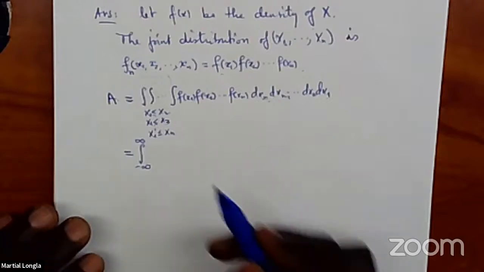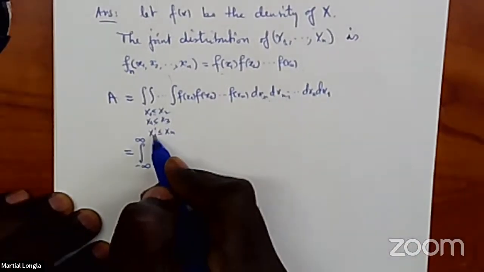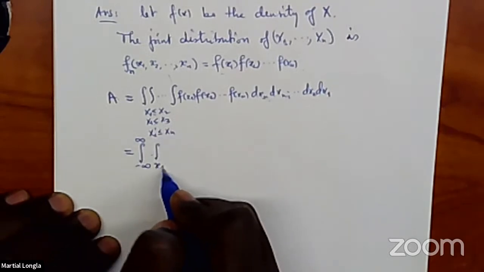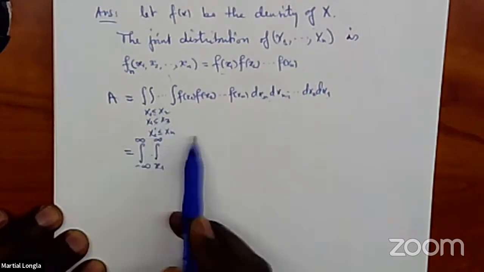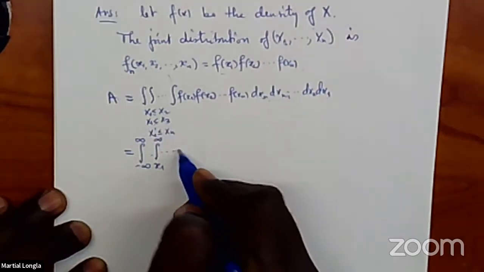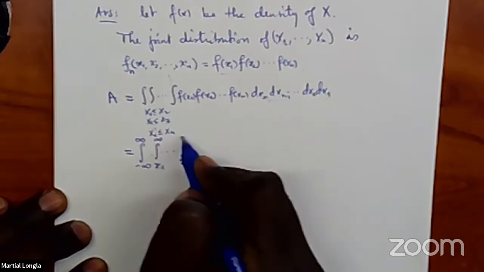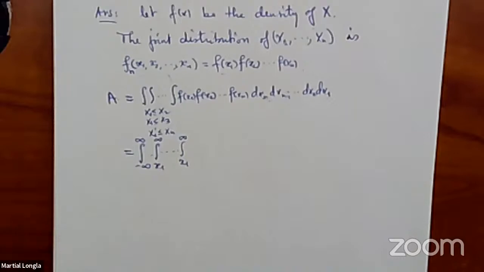Every other integral that will come inside here will be from x1 to infinity, because all of them are larger than x1, right? There is no other condition on x2, x3, x4, all the way up to xn. The only condition is that they are larger than x1.